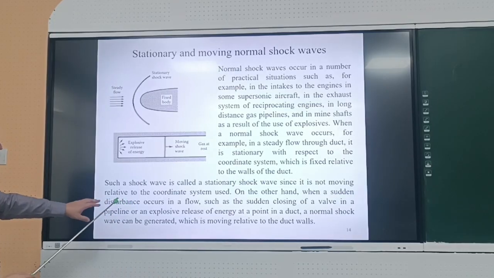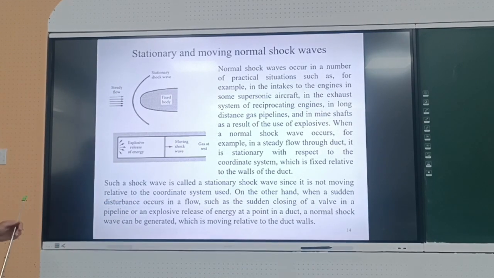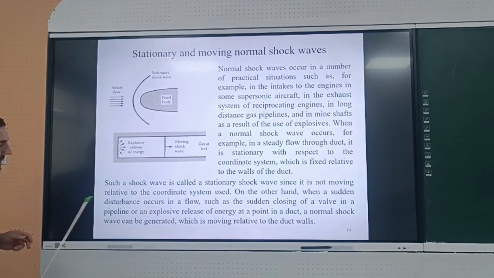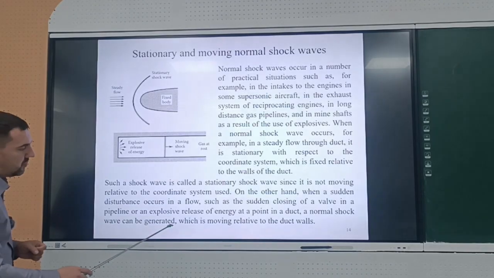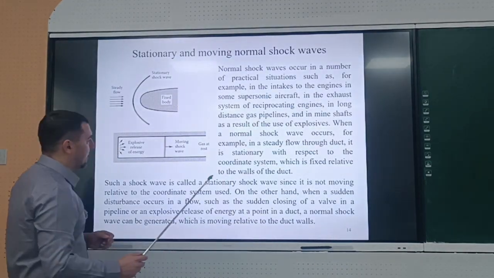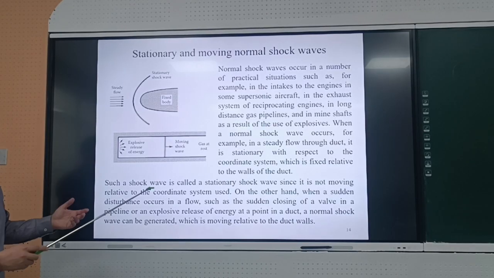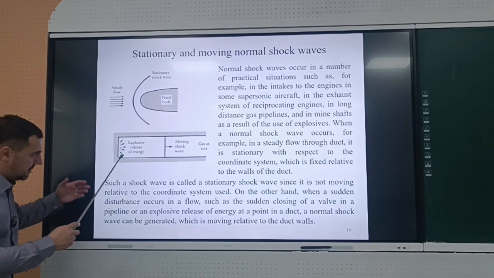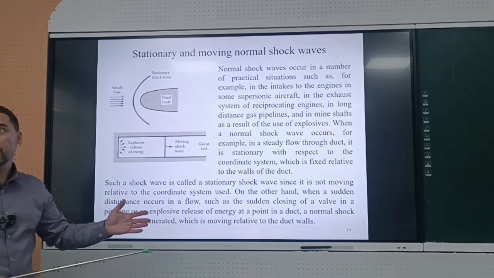On the other hand, when a sudden disturbance occurs in the flow, such as the sudden closing of a valve in a pipeline or an explosive release of energy at a point in a duct, a normal shock wave can be generated which is moving relative to the duct's walls. Consider a tube and some accidental explosion, for example, and then the shock wave will propagate. I explained the shock tube to you, for example.